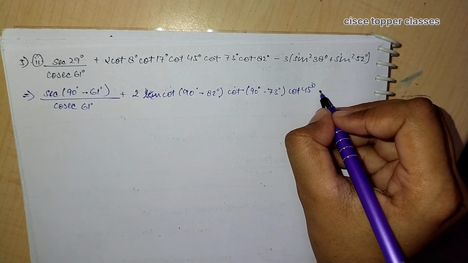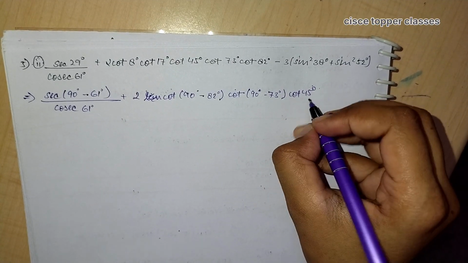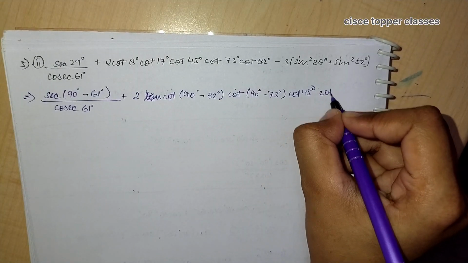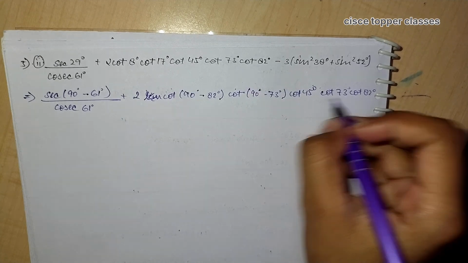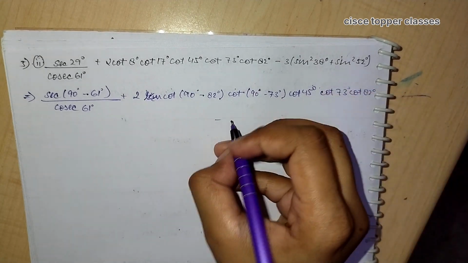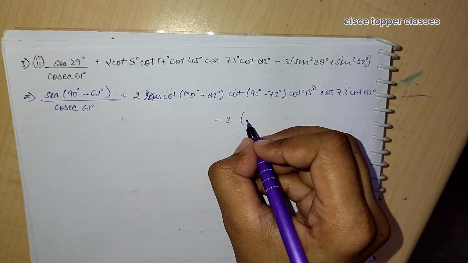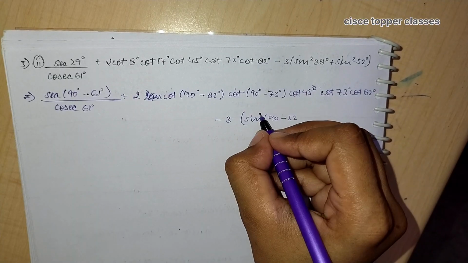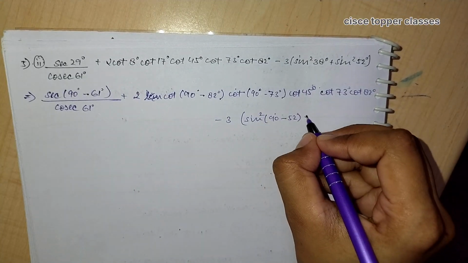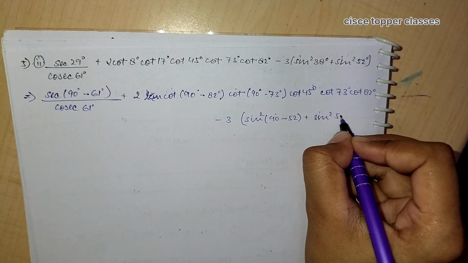This will be again cot 73 degree and here cot 82 degree minus 3 sine square, we can write here sine(90 minus 52) degree plus sine square 52 degree.